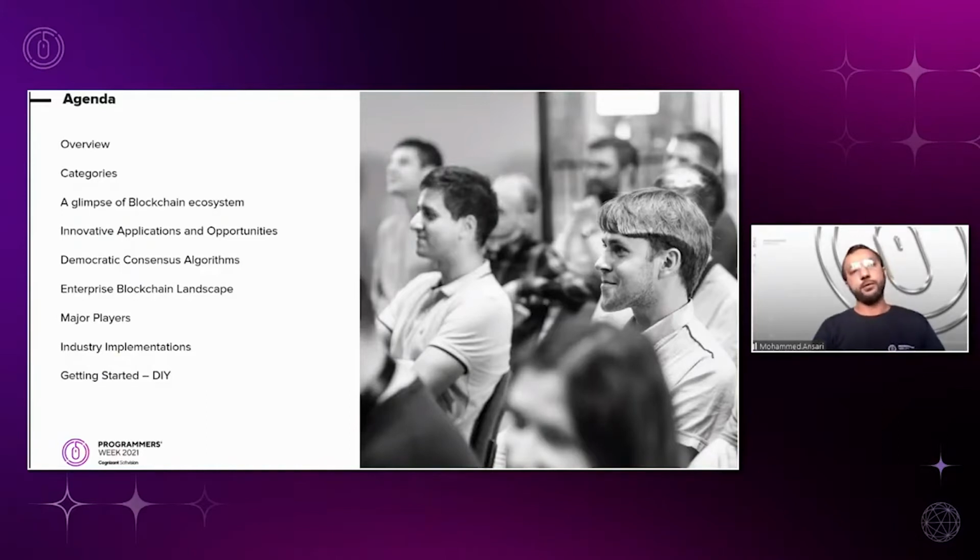We are also going to have a look at innovative applications and opportunities that arise out of the blockchain area. We are going to have a look at the consensus algorithms, because of which people call blockchain a democratic system.